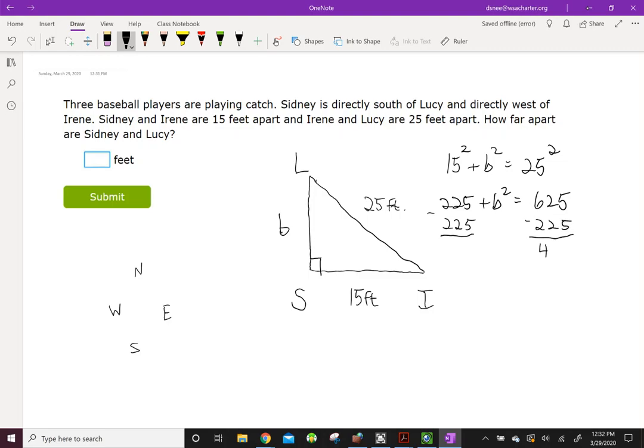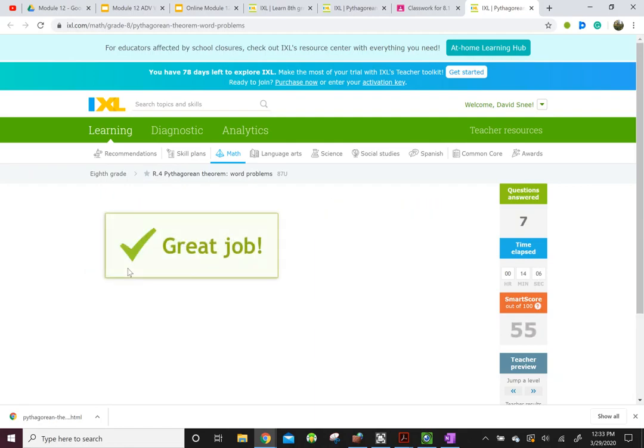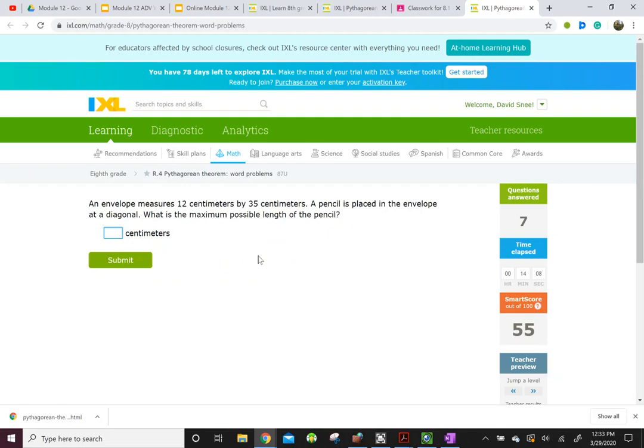And so b squared equals 400. That means b equals 20, because the square root of 400 is 20. And that makes sense. The legs should be shorter than the hypotenuse. Let's see, so let's put a 20 in there. All right, we're up to 55.